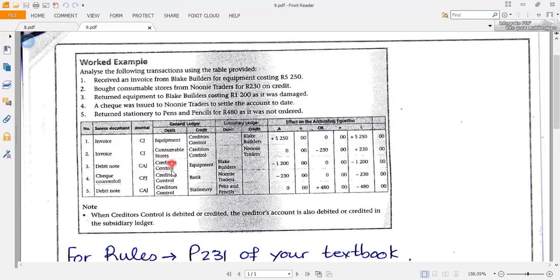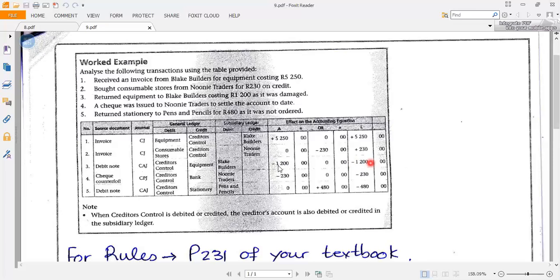Here you're going to debit creditors control because we're returning the goods, and we credit equipment. Okay, learners? So you go straight here. Because we're crediting equipment, which is an asset, it's minusing 1,200. And creditors control is debited, therefore it's minus 1,200.